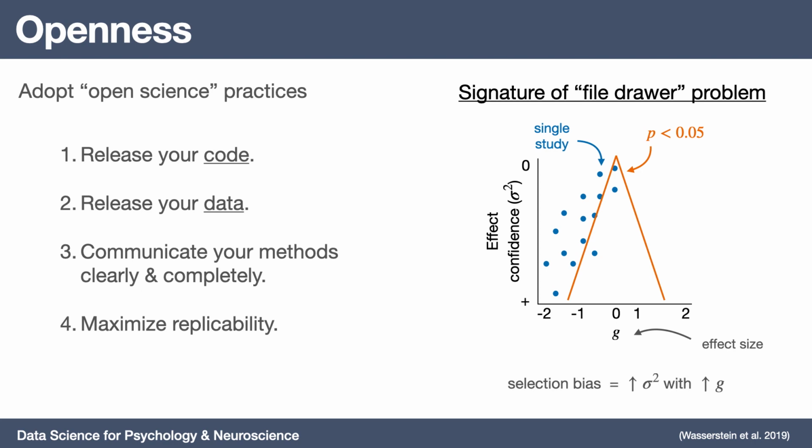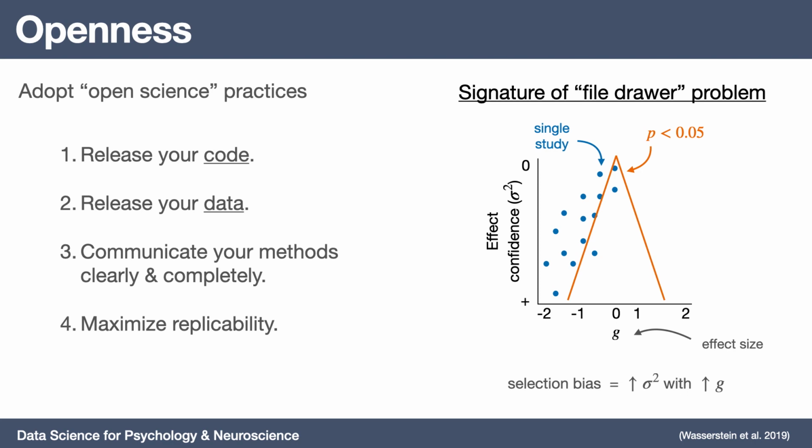As you increase the variability of your results, which means going down the y-axis here, along with increasing the effect size, what you'll generally see is that result often just sits just outside of the p less than 0.05 threshold. Whereas real effects will vary in their size and their significance based off of a host of factors.